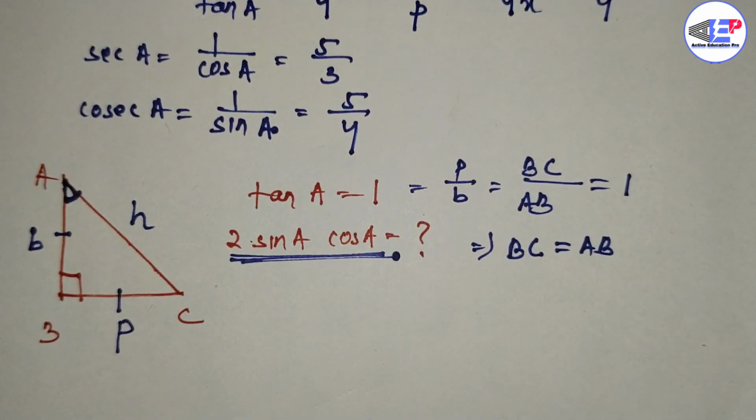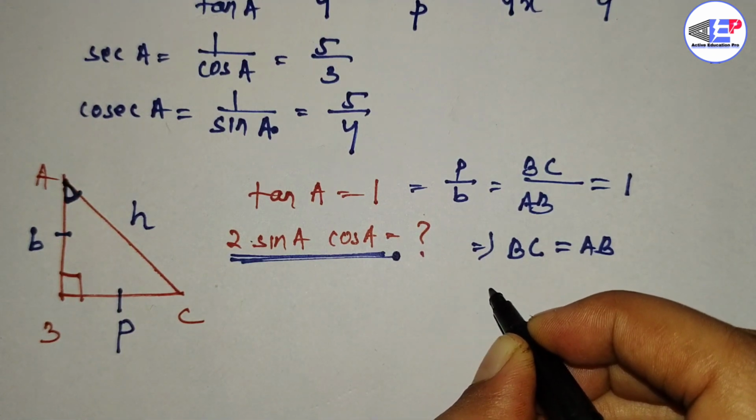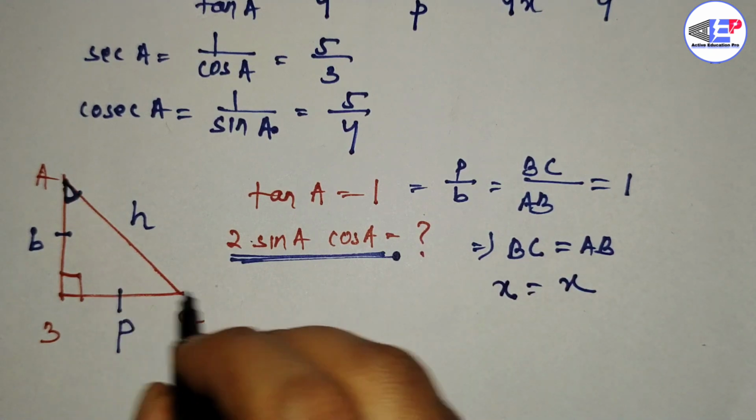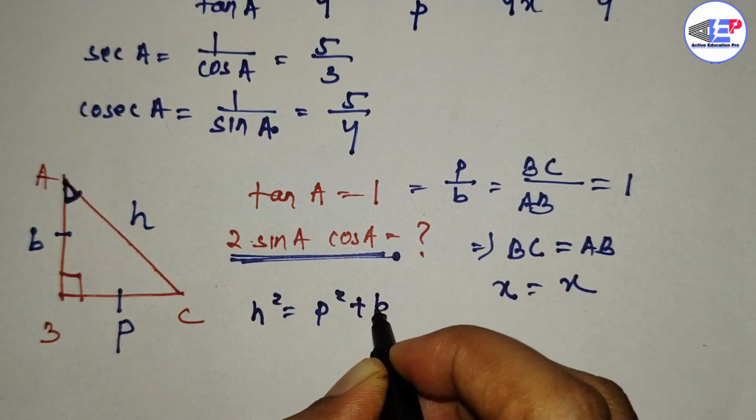Now we have to find sin A and cos A. If you want to find sin A and cos A, then first you have to evaluate the value of H. So BC is equal to AB. Suppose BC is equal to x, then AB will be x. According to Pythagoras theorem, H square is equal to P square plus B square.